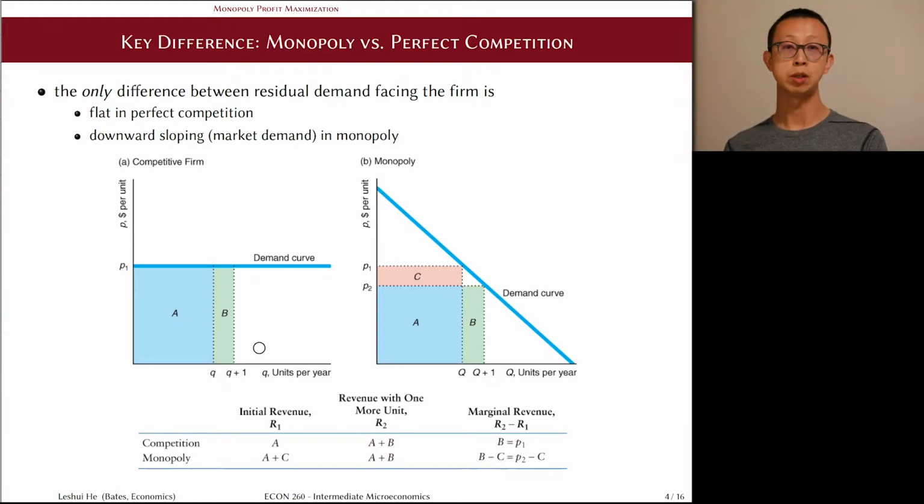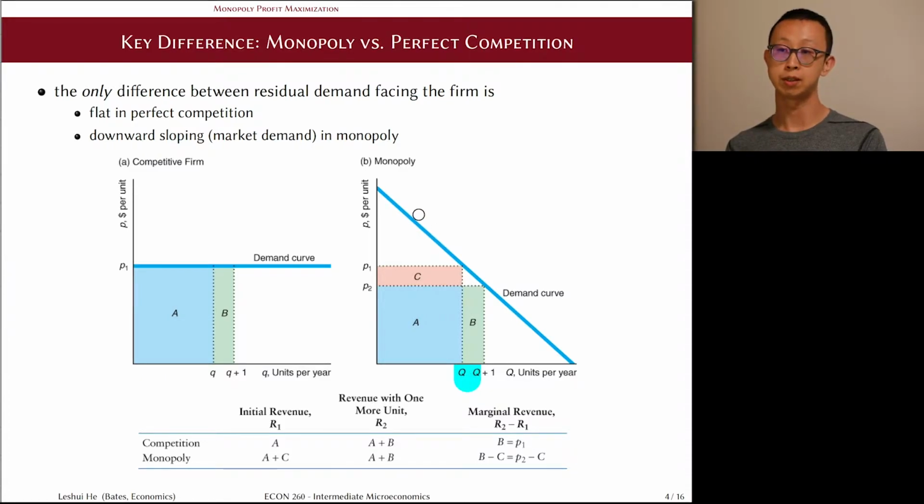You will notice that we use a little q here for the quantity in this competitive equilibrium situation, because the market output is the sum of all individual outputs. Under monopoly, however, the firm's output is the market output. So we denote the output by the monopolistic firm using the capital Q here.